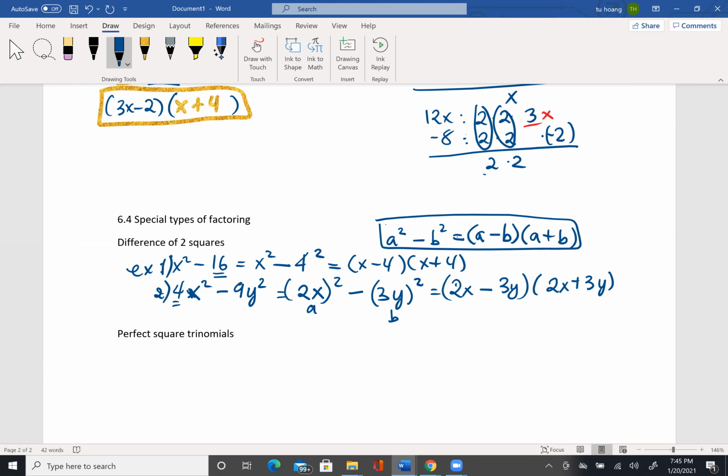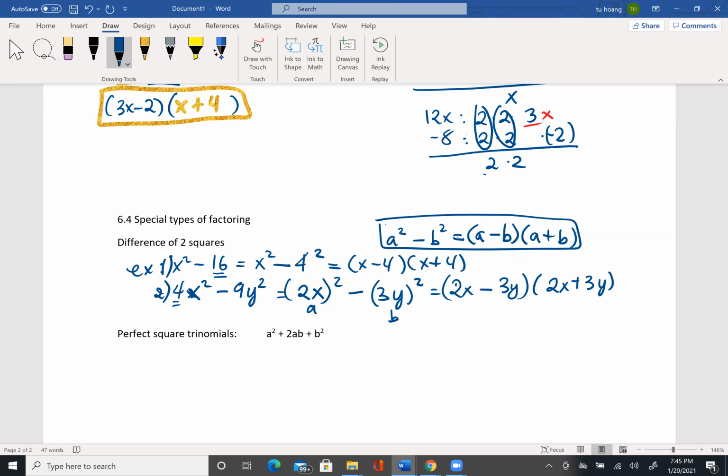If you see a squared plus 2ab plus b squared, you see this form, you will right away have a plus b to the power 2.